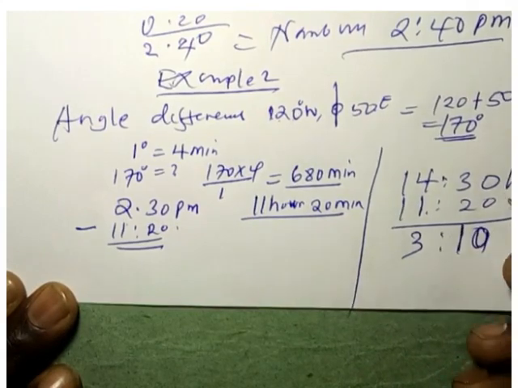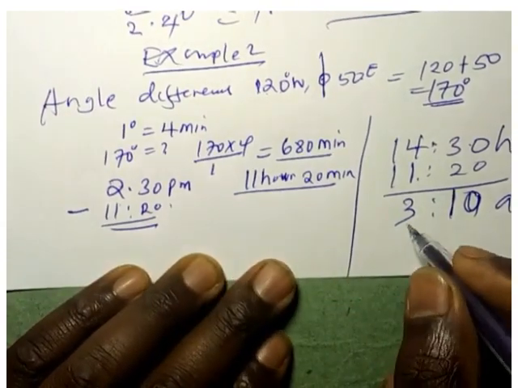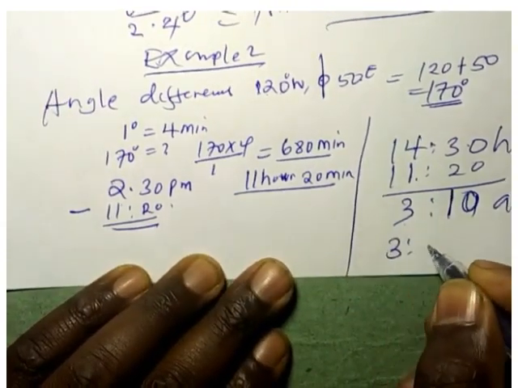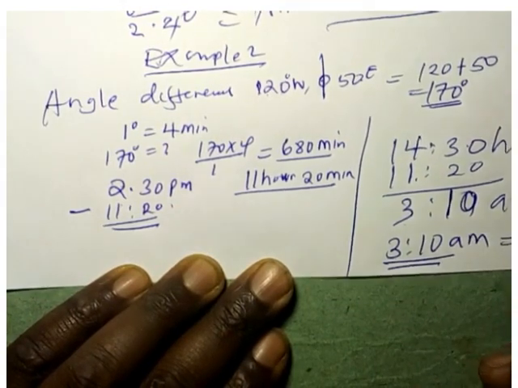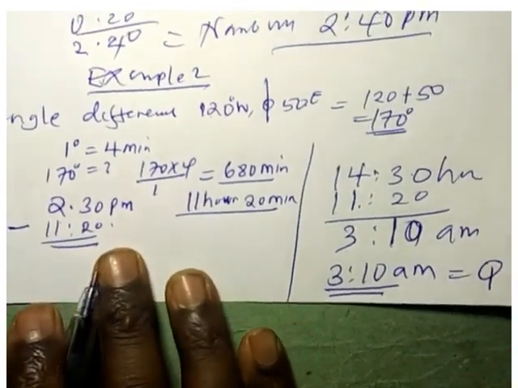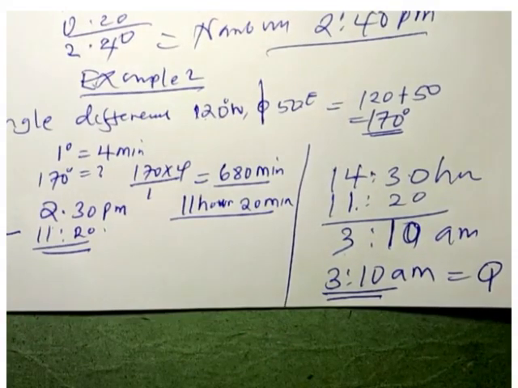Remember, this was PM, so this one is most probably AM. So the answer is 3:10 AM, and that is the time in place Q. You subtract if the time asked is to the west.